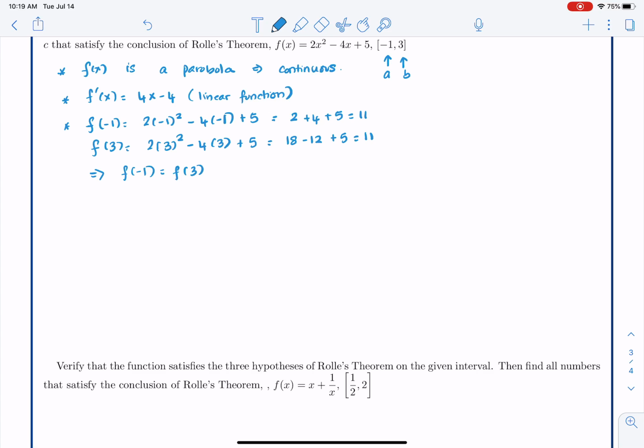Now we have to find a number c so that the derivative is equal to 0. So all we have to do is set f prime of x equals 0 and solve for x to get the number c.